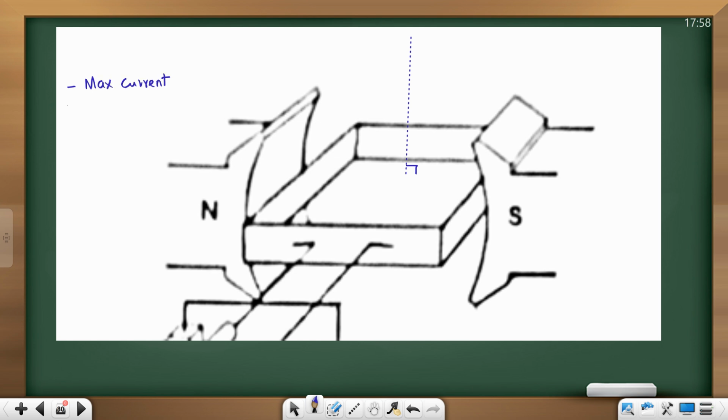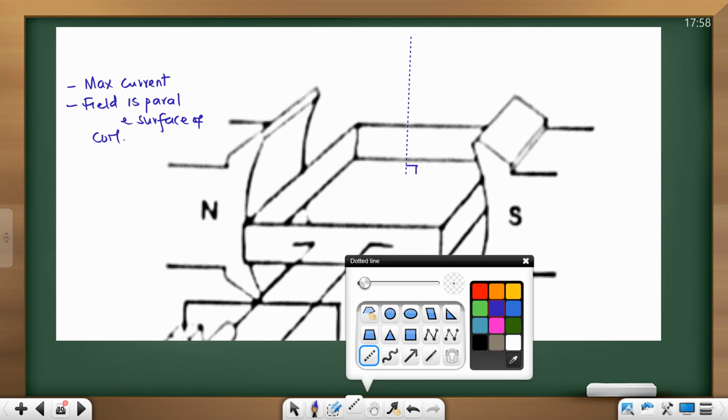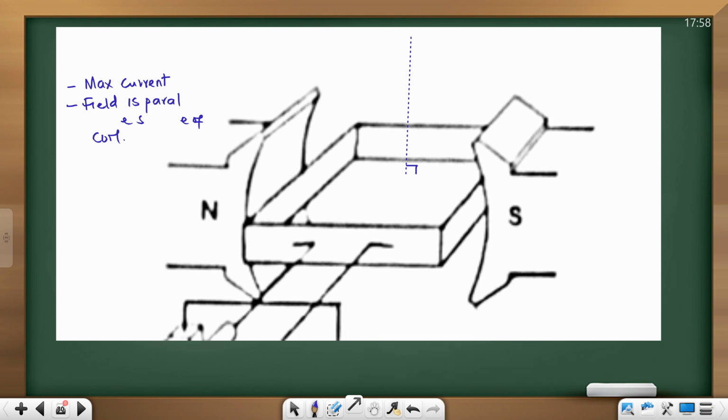When do we produce maximum current? Watch this. Look at my answer. The field is parallel to the surface of the coil. I'm going to draw that now. The field is always moving from the North Pole to the what? To the South Pole. I don't know if you see that parallel, right above the coil.